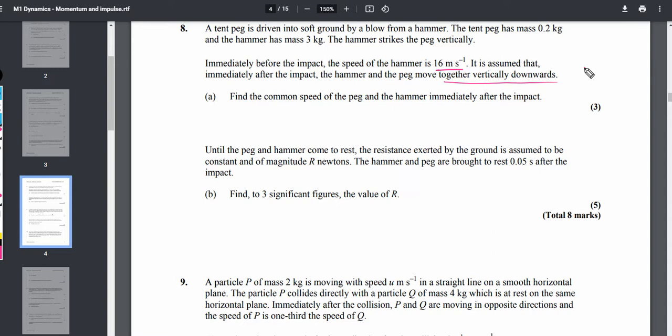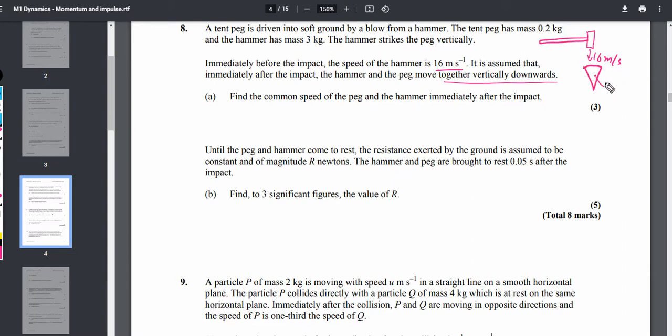So for example, this is the peg and here's the hammer. This hammer is moving downwards with a velocity of 16 meters per second.